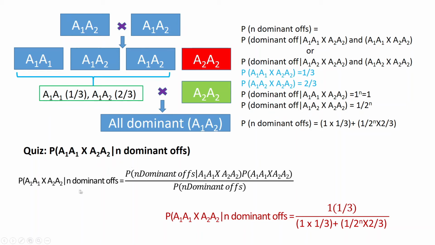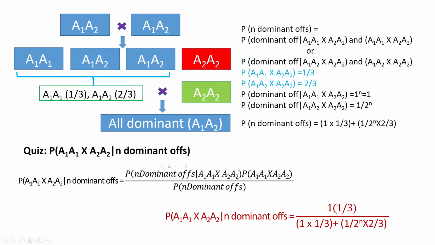To compute this, the probability given n dominant offspring has occurred is the probability of n dominant offspring given the A1 A1 cross has happened, times the probability of A1 A1, divided by the probability of dominant offspring. This comes from the Bayesian theorem.